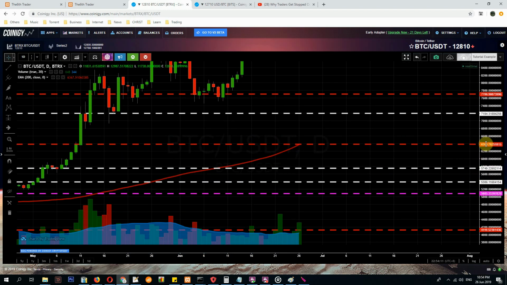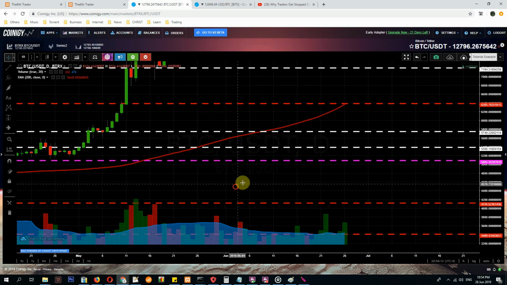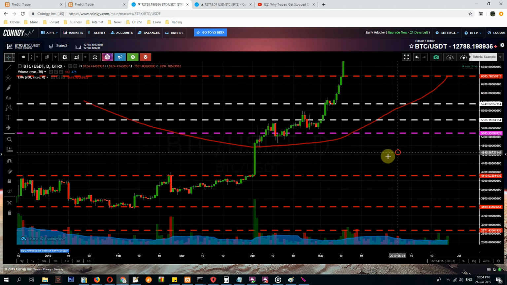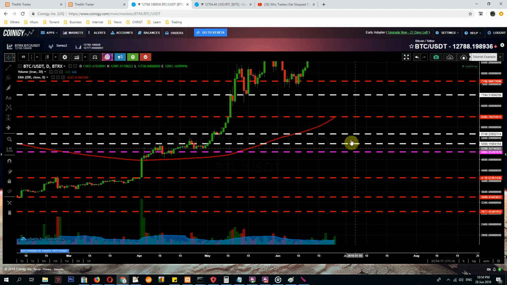So notice that from the last 200 candlesticks it averaged the value, the closing value, meaning where the candle closes.